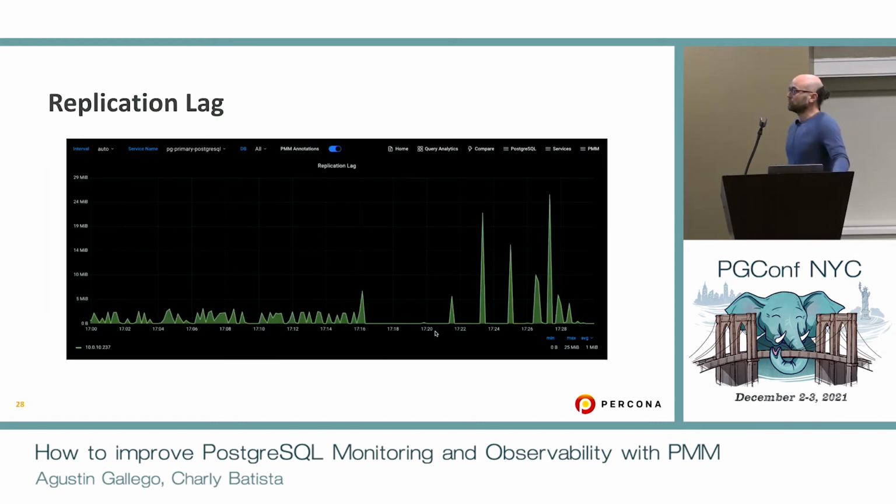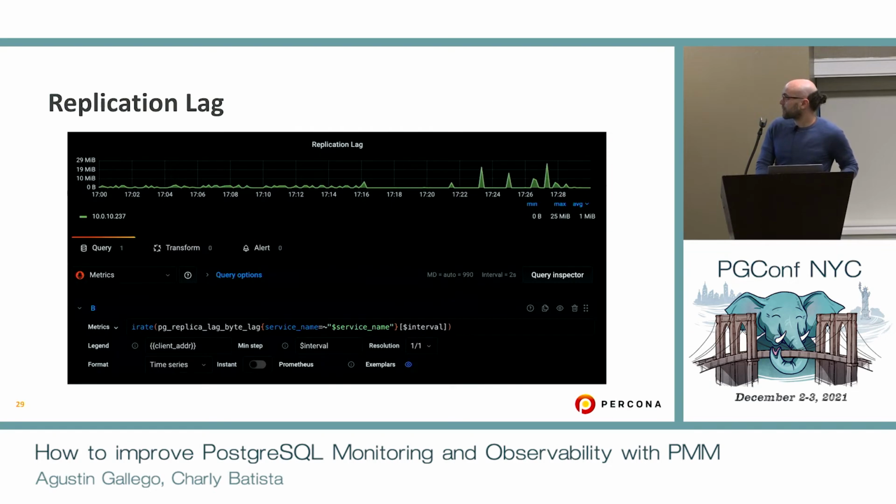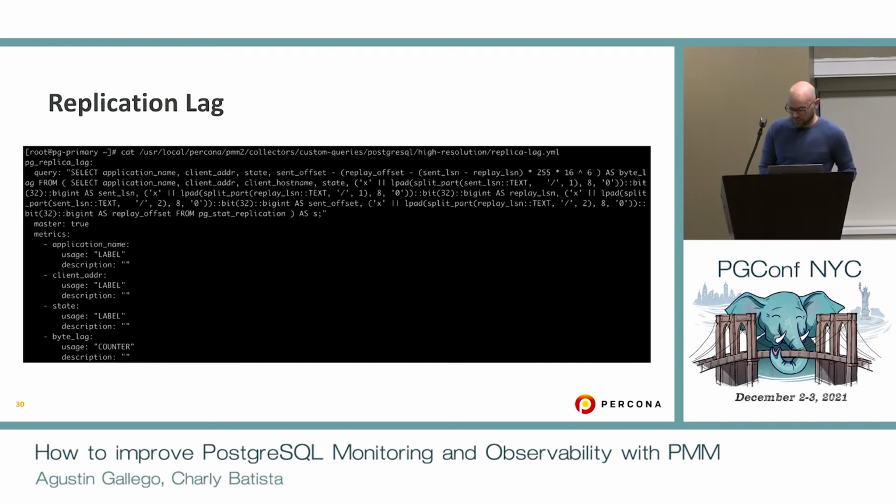Another thing we can do is, for instance, have information on the replica lag, the secondaries in megabytes, right? So in this case, we used a query. Let me show you first the query. And the YAML file will look like this, right? So it will have the metrics name. Here you have the query. So the query is all of this.